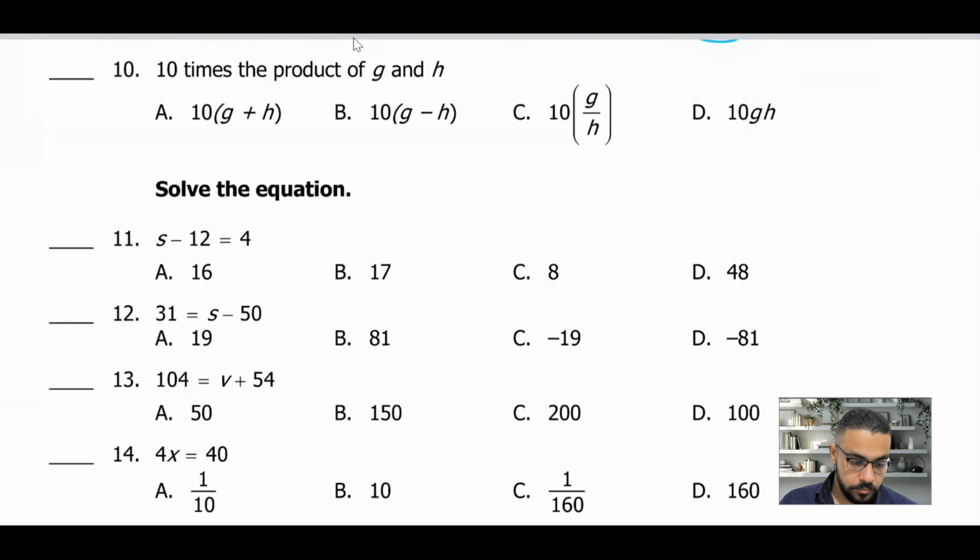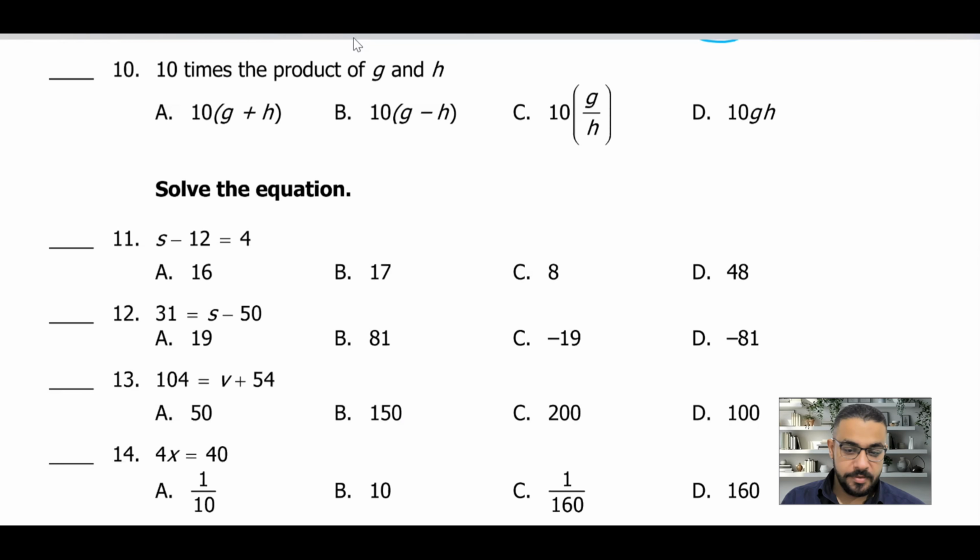10 times the product of G and H. Okay, what does it mean? When I tell you that you have 5 and 4, I calculated to be 9, so I added both of them.